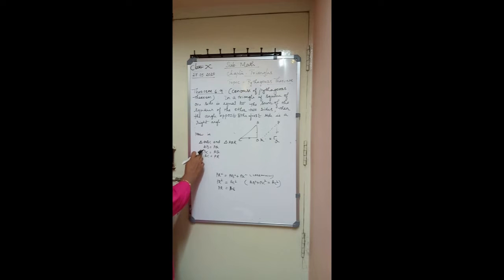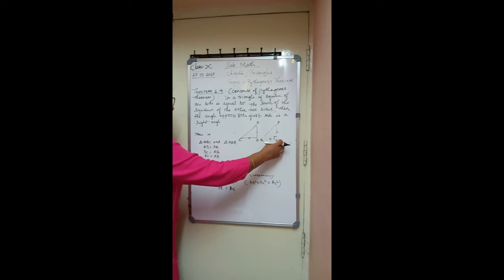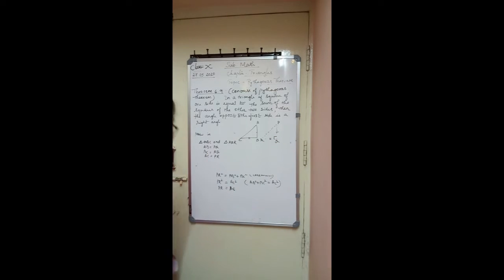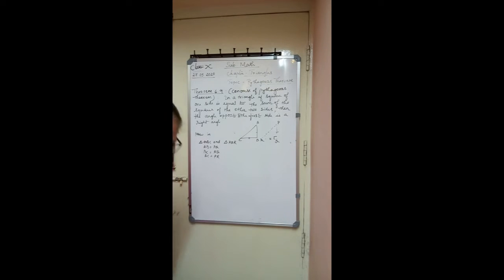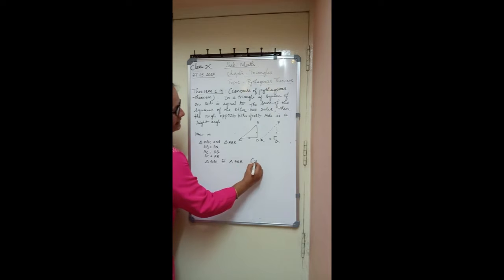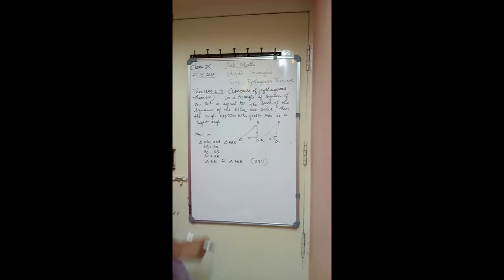Therefore, all the three sides are equal. Three sides of one triangle are equal to three sides of the other triangle, so these two triangles are congruent. So, triangle ABC is congruent to triangle PQR. Which criteria? This is the SSS congruence condition.